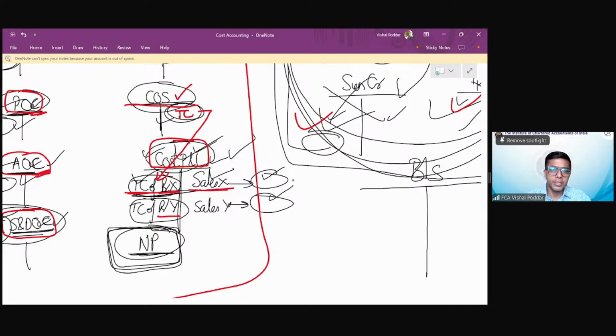And I can easily identify sale product-wise because when I'm selling, I can mark it that this is sale for product X, for product Y, for product Z, and so on. So I will also have data of sale-wise or product-wise sales. Now, this will help me in comparing this in my costing P&L to identify the profit or loss that I'm making on individual product, which will further help me in decision making.